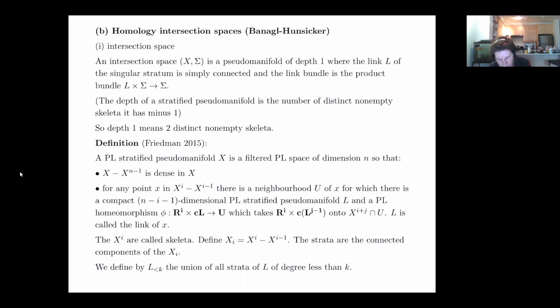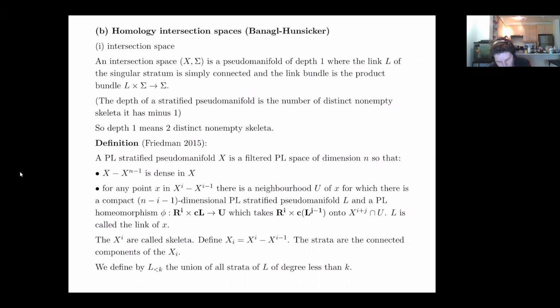The depth of a stratified pseudomanifold is the number of different non-empty skeleta that it has minus 1. A skeleton you can think of as a stratum. This definition you can find in the work of Greg Friedman.